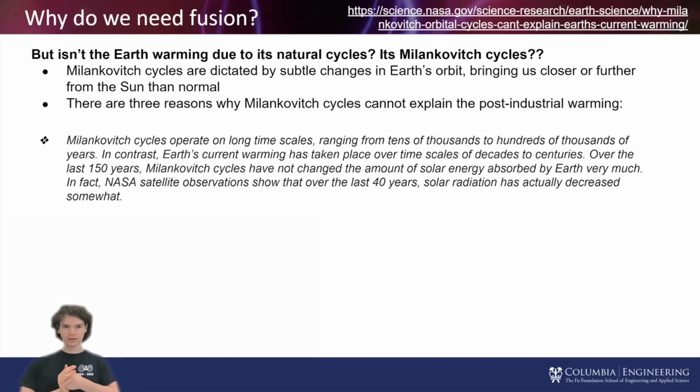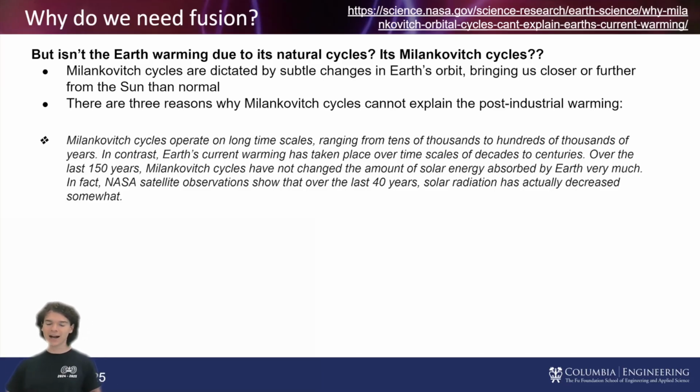First of all, the Milankovitch cycles operate over extremely long time scales, from tens to hundreds of thousands of years. Whereas the warming of the Earth has only taken place over the scale of decades to centuries.